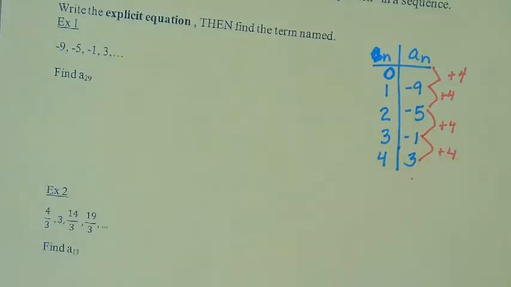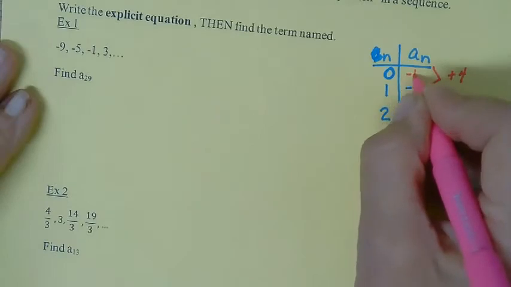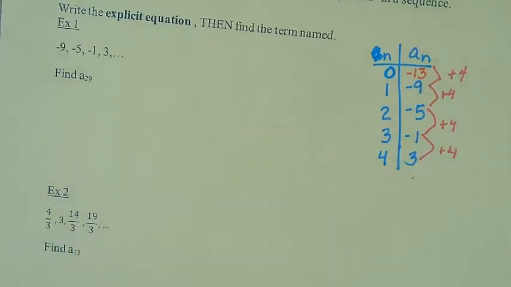Subtracting 4. So if you want to go backwards, do the opposite. So -9 minus 4 is -13, right? Does that make sense? Yeah?